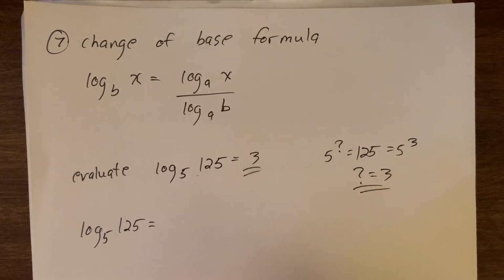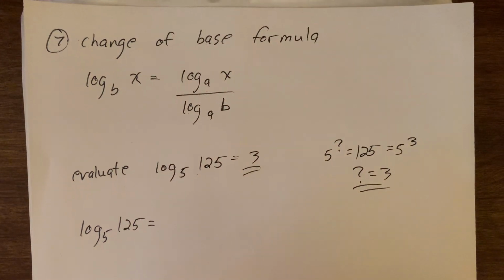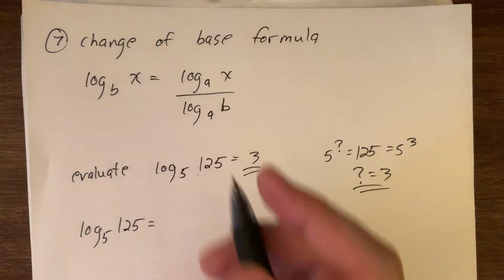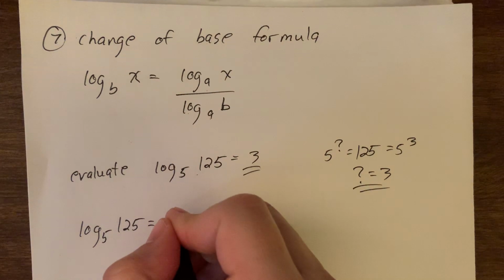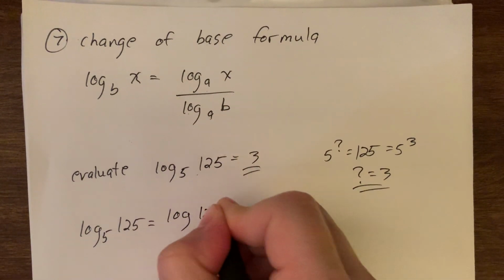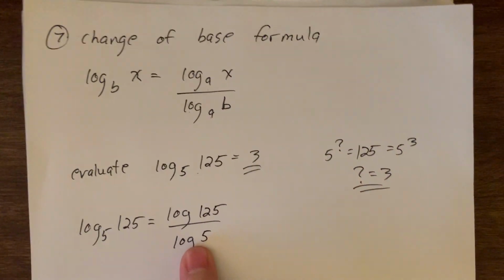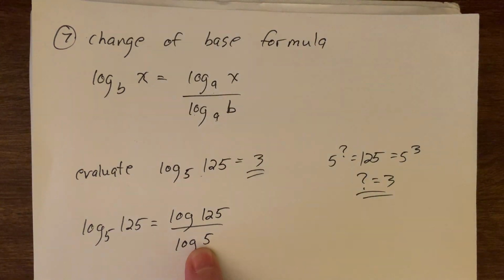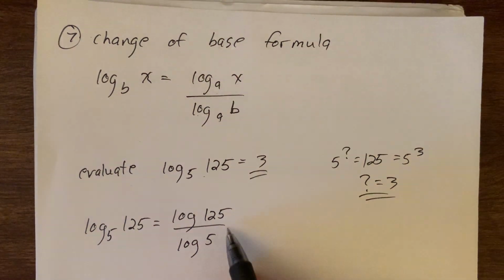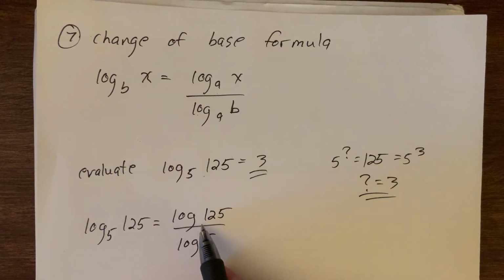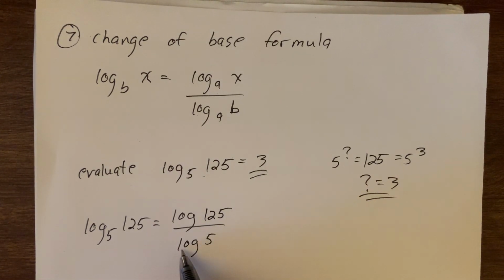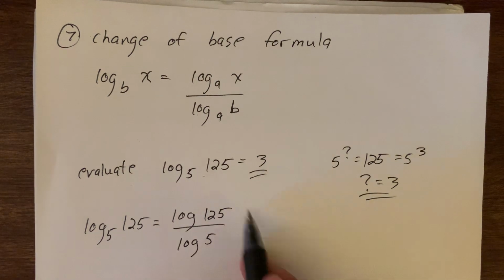It's a little ugly to say, but when we write it out, we'll see it's not that bad. So if I want to use base 10, common log, this would be common log of 125 divided by common log of 5. The alternative, again, I could change this to any base. I could change this to log base 7 of 125 divided by log base 7 of 5, but that doesn't help.